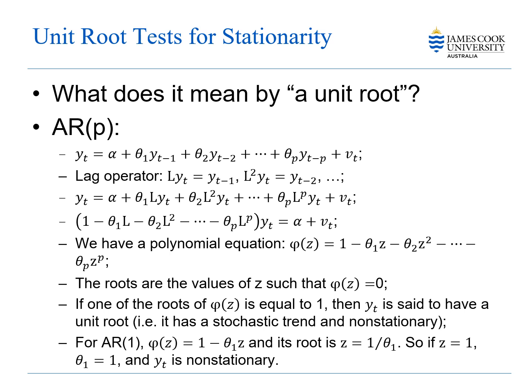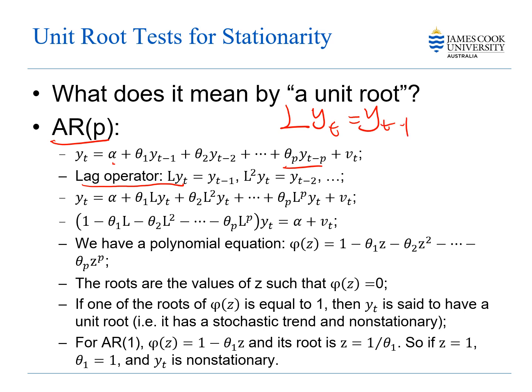Okay, to be more precise, let's look at the AR(p) process. Y_t is alpha plus theta_1 times Y_{t-1} plus theta_2 times Y_{t-2}, and so on until theta_p times Y_{t-p}, plus v_t. And we're going to introduce a lag operator. For example, L Y_t means we lag Y_t by 1 period, so we get Y_{t-1}.